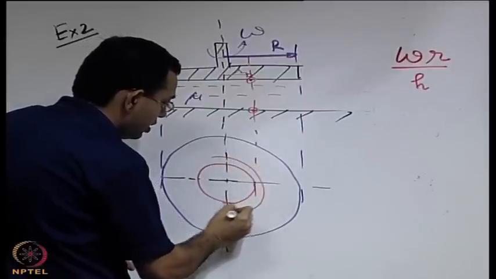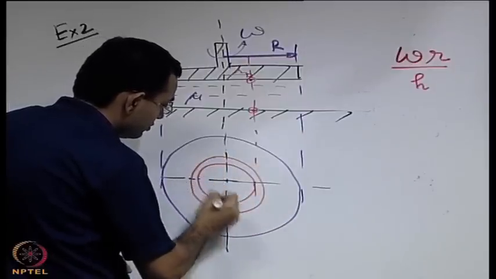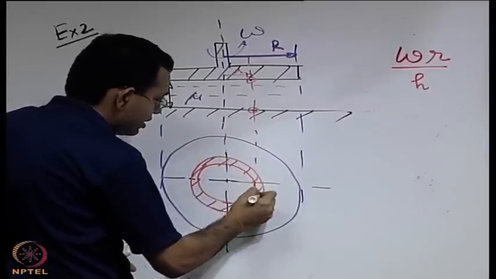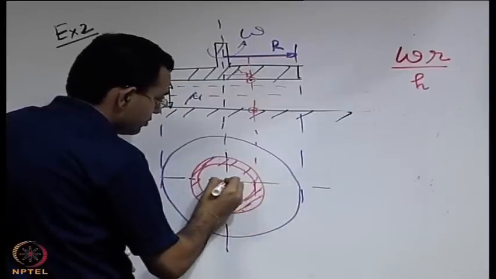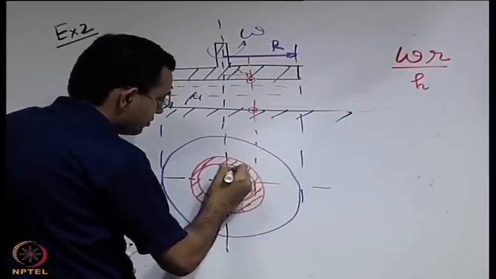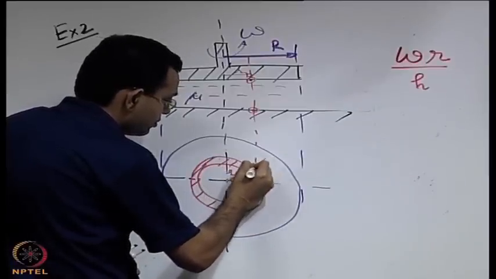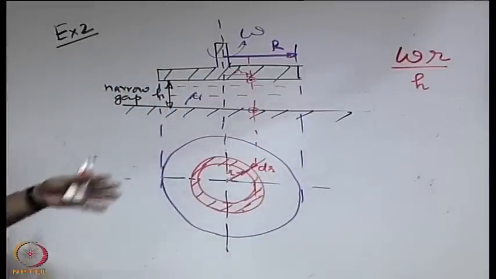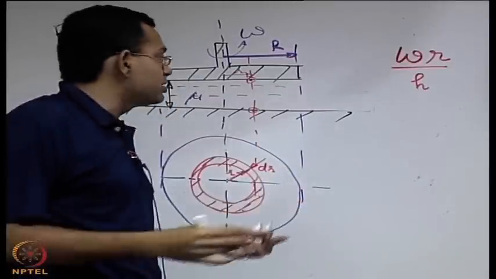So we take a small element at a radius r of thickness dr.